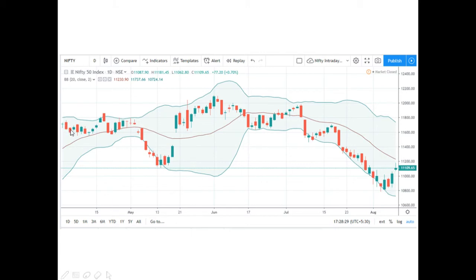Here we have the Nifty 50 index, and this is a 1 day candlestick chart. Each candlestick we are seeing here represents 1 day, and in this, we have applied the Bollinger Band. On the top, we have the upper price channel, lower, we have the lower price channel, and in the middle, we have the exponential moving average.